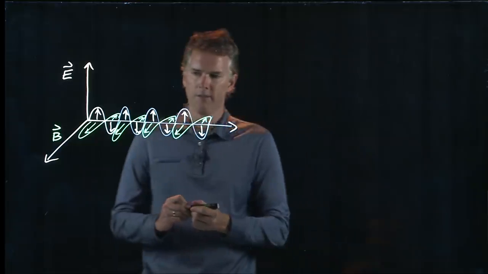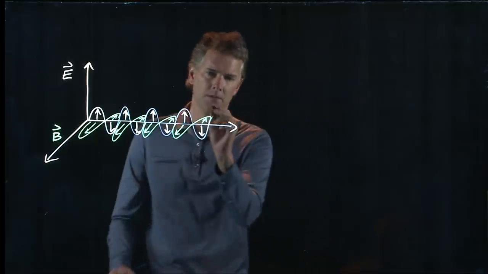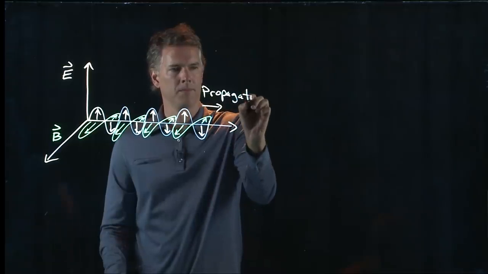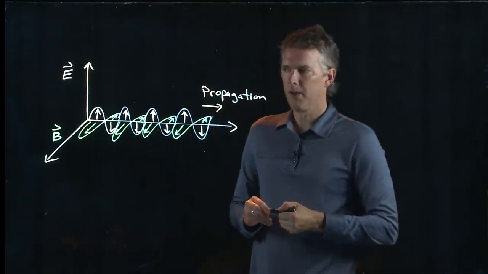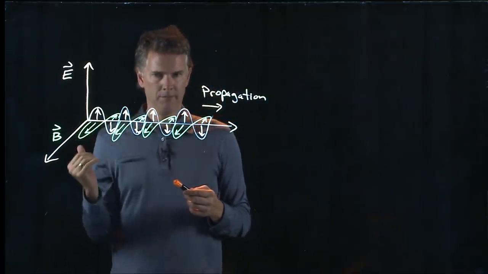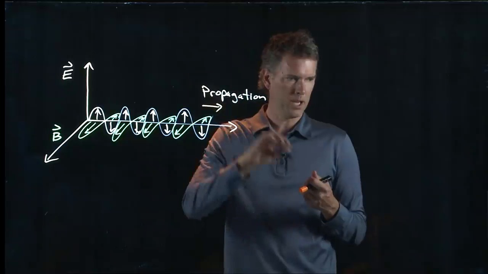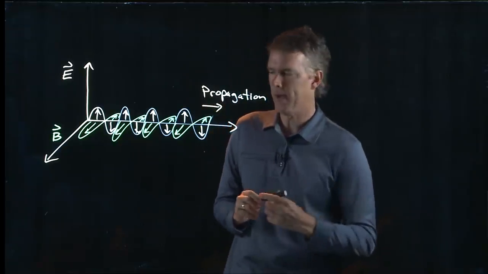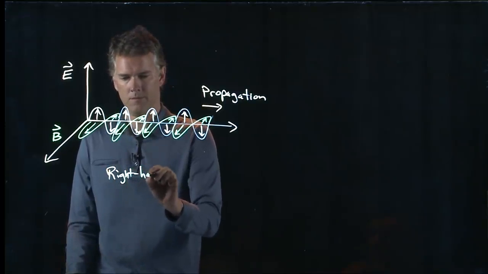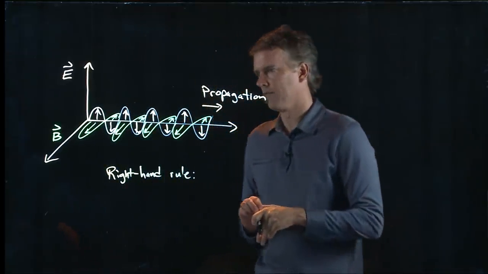Now the whole wave propagates to the right. So the wave propagation direction is to the right. But there is a certain relationship between the E field and the B field. Okay? And to figure out how to calculate the propagation direction, we can again go back to our right-hand rule. So the right-hand rule is the following.